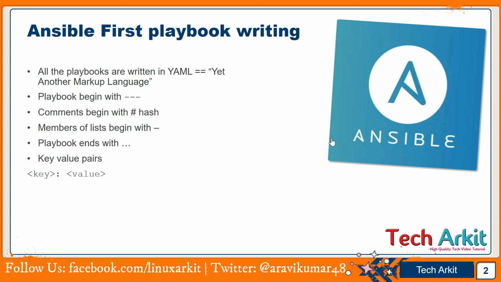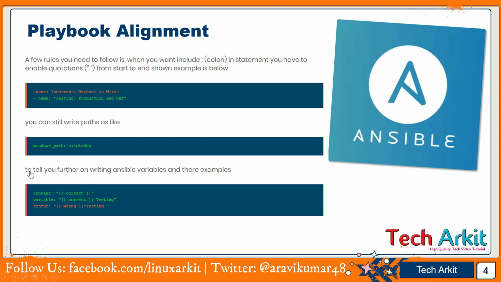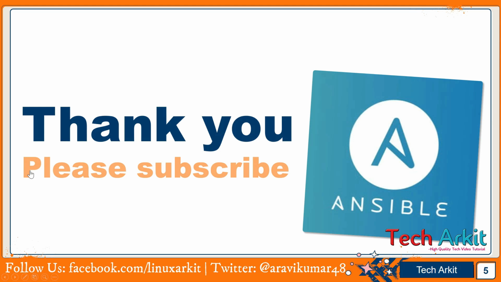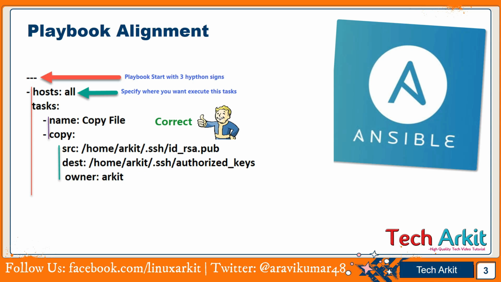Let's see that, and here is an example I'm going to show you. This is what the example is. Here is the example of how we can write the playbook. The playbook starts with three hyphen signs and specifies where you want to execute these tasks.